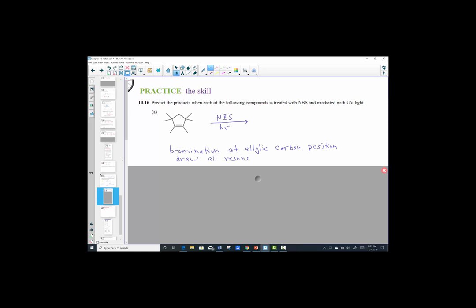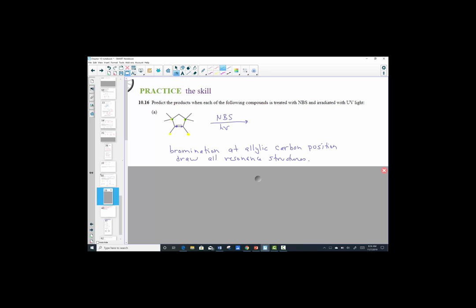Okay, so let's start with that. Let's find where the allylic carbons are. Here's the double bond. So every carbon that is adjacent to the double bond, as in here, here, here, and here, all of those are allylic positions. Now out of that, these two carbons don't have any hydrogen on them. So therefore, they will not undergo a radical mechanism.